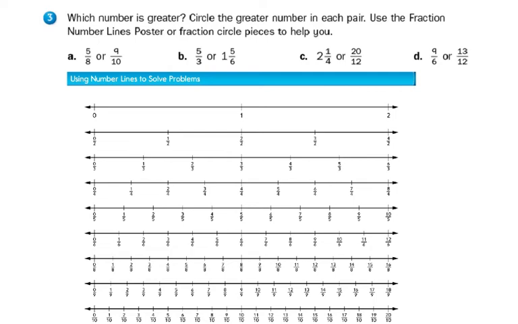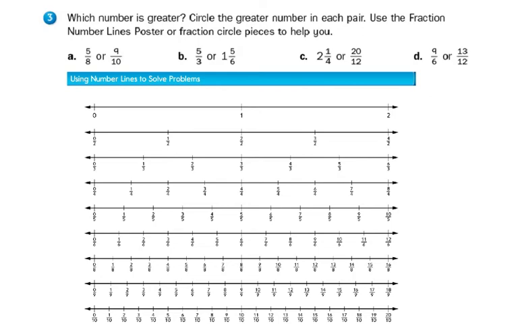Number 3. Which number is greater? Circle the greater number in each pair. Use the fraction number lines poster or fraction circle pieces to help you. So this is what the back of your math journal cover looks like. So if you can't see it really well, go ahead and open up your math journal and flip it to the very back.